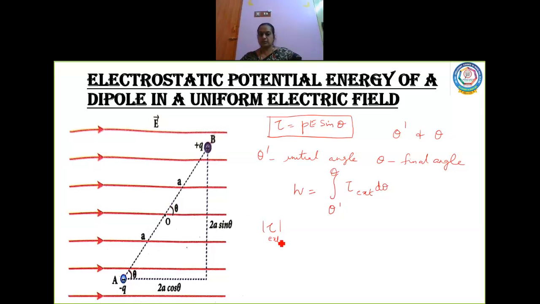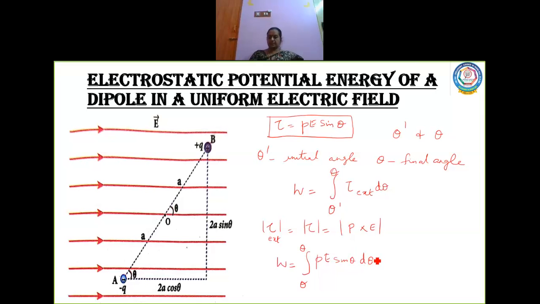So the external torque is equal to the mod value of P cross E. So I will have the equation for work done, when I integrate between theta dash and theta. P cross E is P E sin theta, right? So P E sin theta d theta.